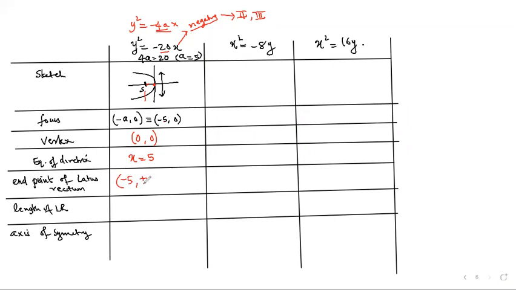Minus 5 comma plus or minus double of it, minus a comma plus or minus 2a. Length of the latus rectum 4a, that is equal to 20. Axis of symmetry is x-axis. Y equal to 0. That is the equation of axis of symmetry.